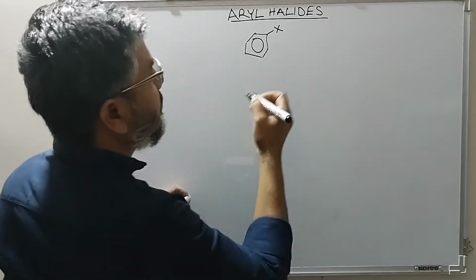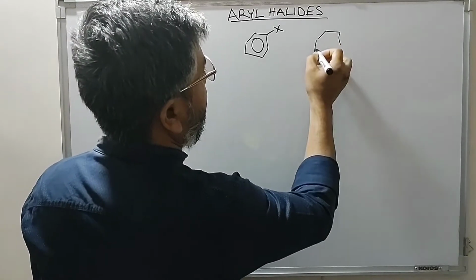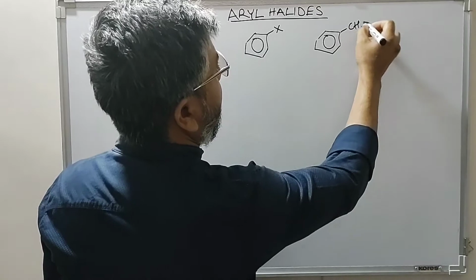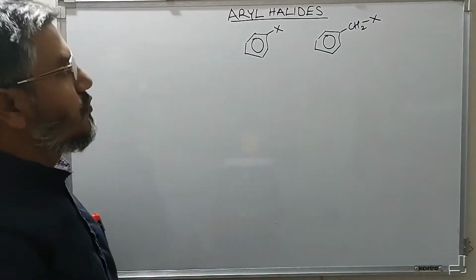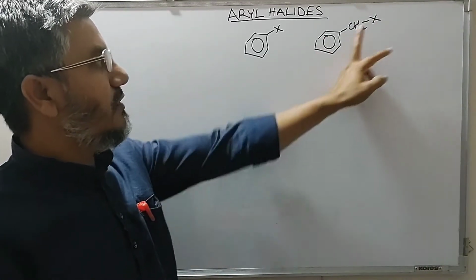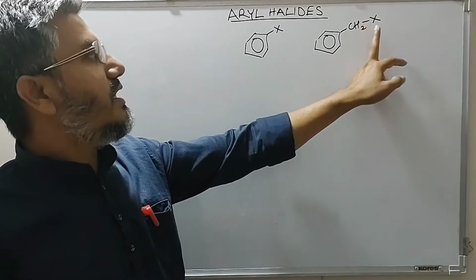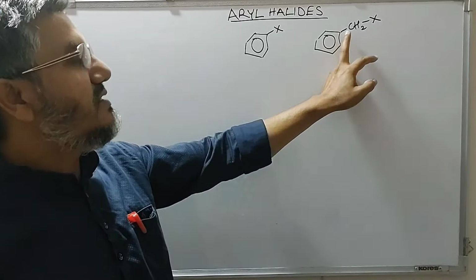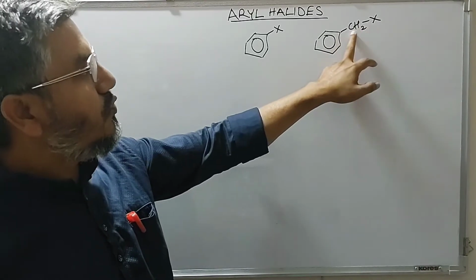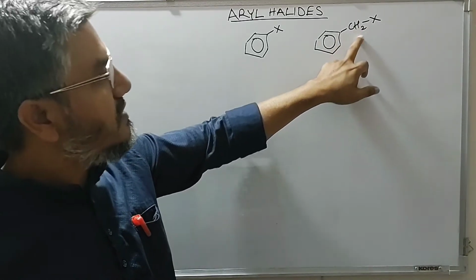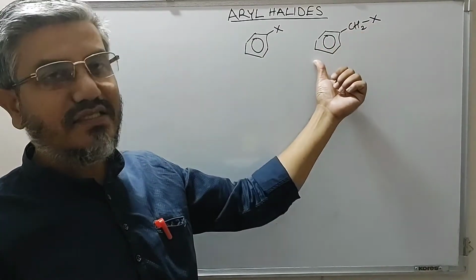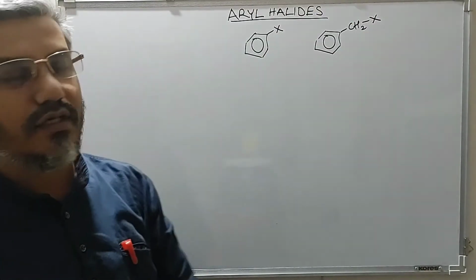But we can also have, look at this, a benzene ring and also a halogen, but this halogen is not directly bonded to the benzene ring. It is bonded to an alkyl group. So we say this is an alkyl halide with benzene as a substituent.